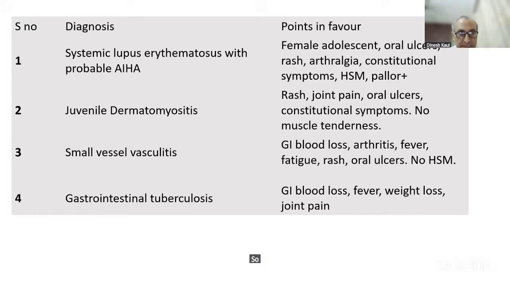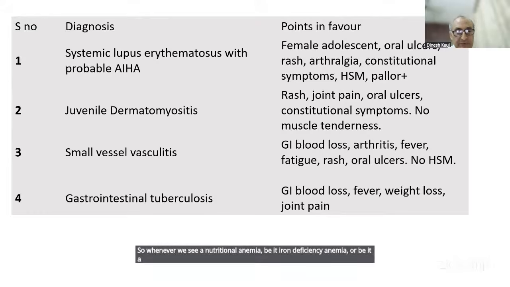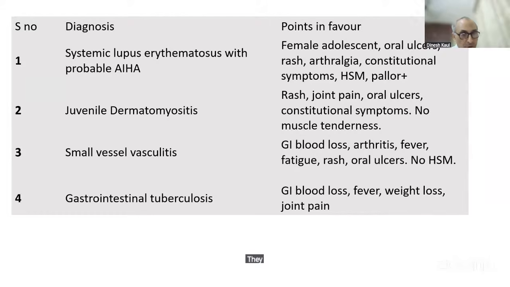Whenever we see a nutritional anemia, be it iron deficiency anemia or a B12 and folic acid deficiency, they may need blood transfusions, but they are not so sick. They may not have such a long duration history.